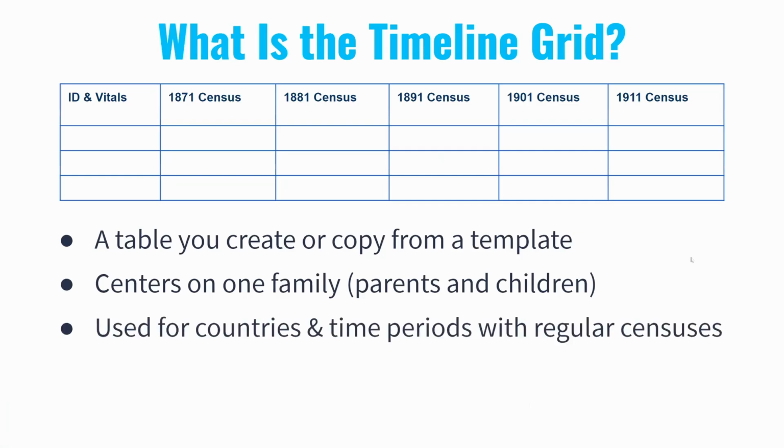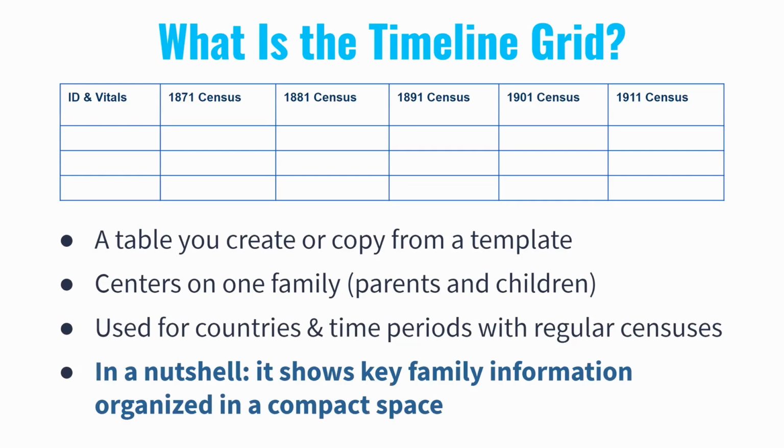It's used for countries and time periods with regular census records, and in a nutshell, it shows key family information organized into a compact space. And that's what I think makes it so powerful, is that it is organized, but it's viewable. It's not scattered over several pages or whatever. It's in a very compact way so that you can almost see at a glance the things that you need to see.